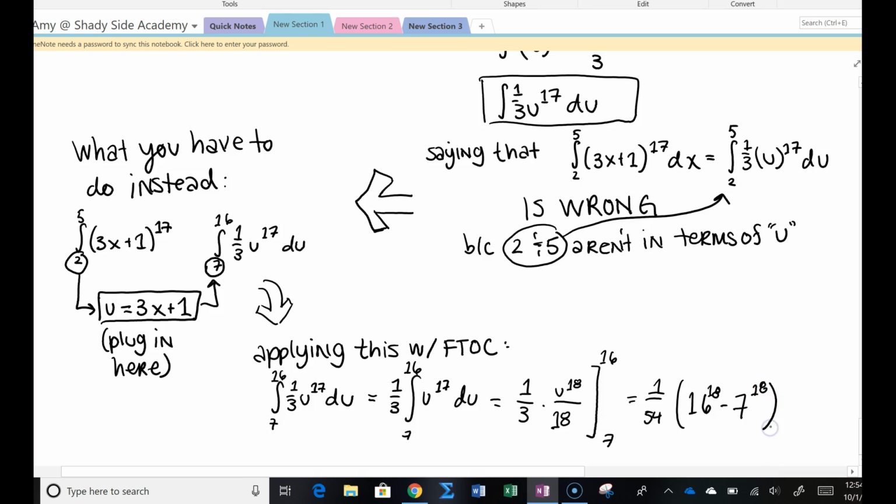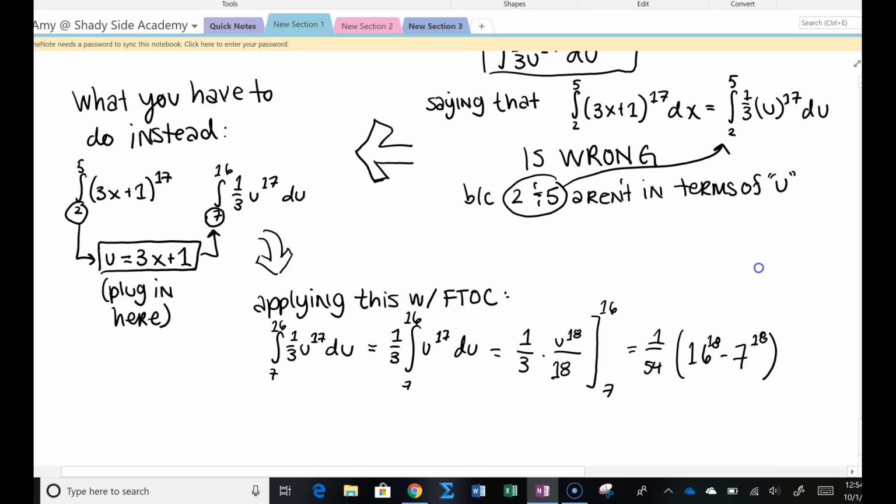Okay, let's do this one now. Definite integral from -1 to -11. Okay, that's fine, I can go that way.